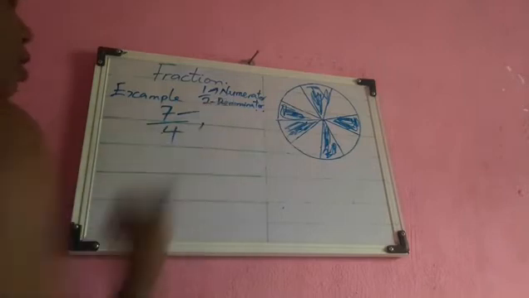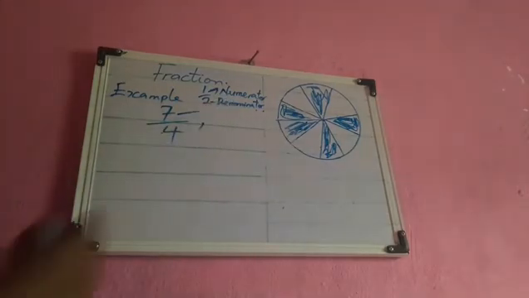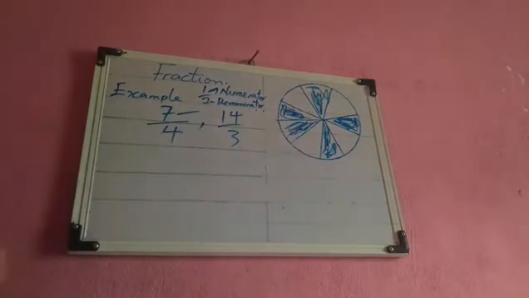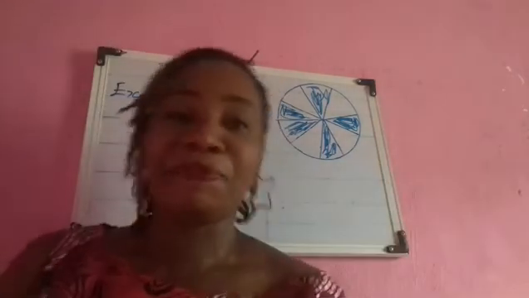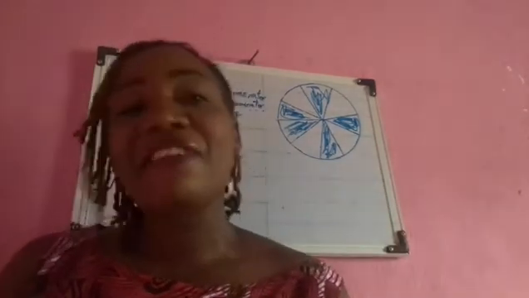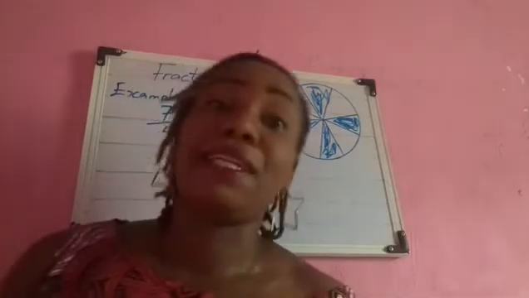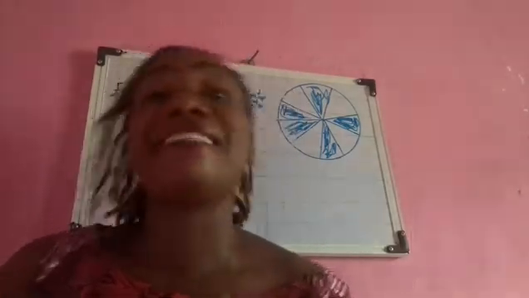Let's quickly look at another one. We have 14 over 3. Okay, so 14 is obviously bigger than 3. Another name for an improper fraction is top heavy. Just imagine yourself having a head 5 times bigger than the whole size of your body. Imagine that.